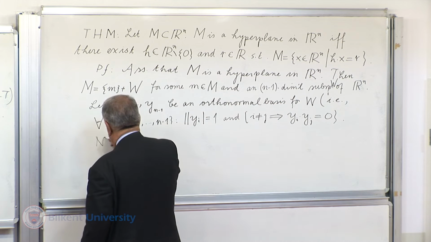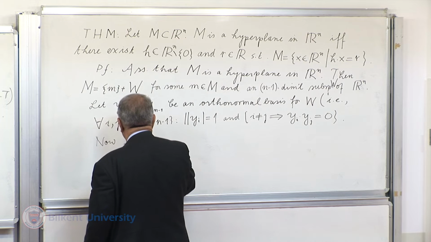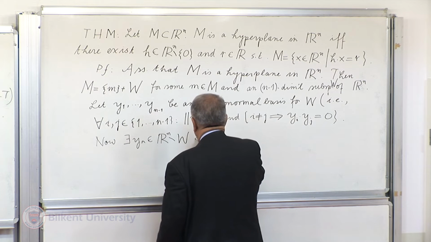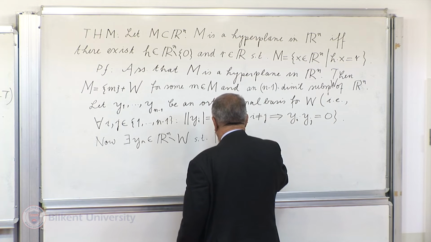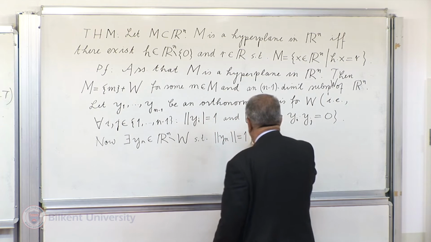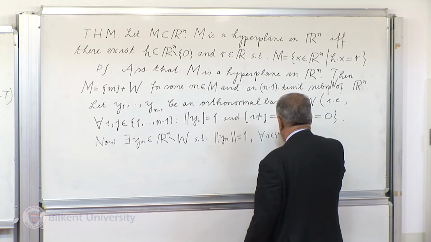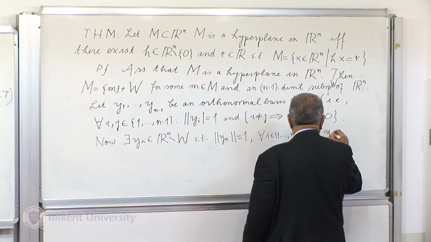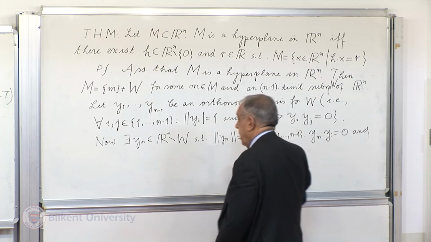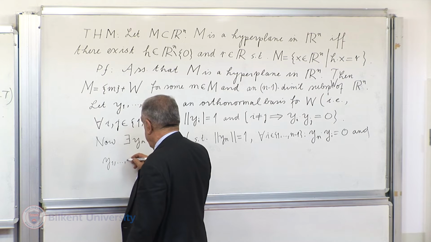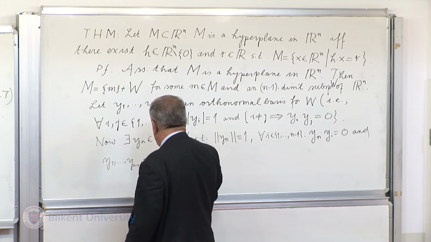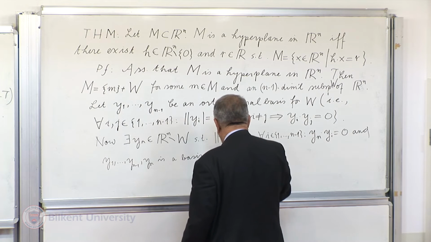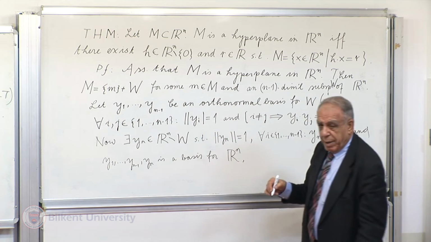Now, there is some yn such that yn has norm 1, for all i from 1 to n minus 1, yn dot yi is 0, and y1 to yn minus 1, yn is a basis for Rn. So this will also be an orthonormal basis for Rn.